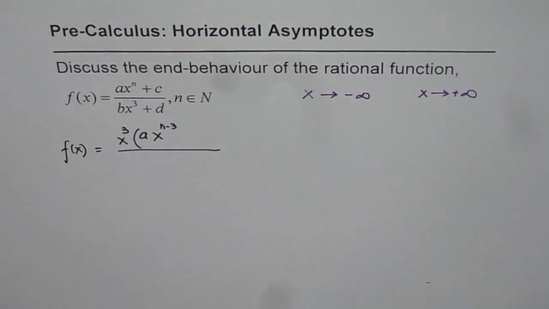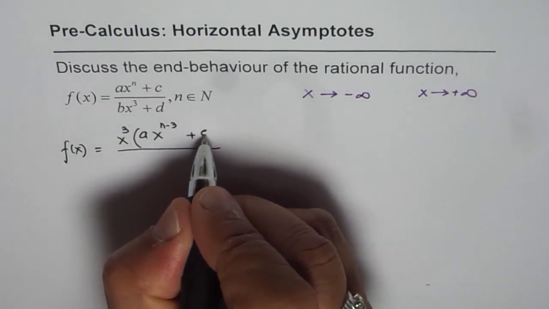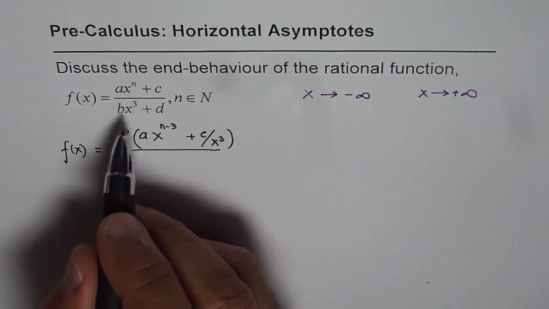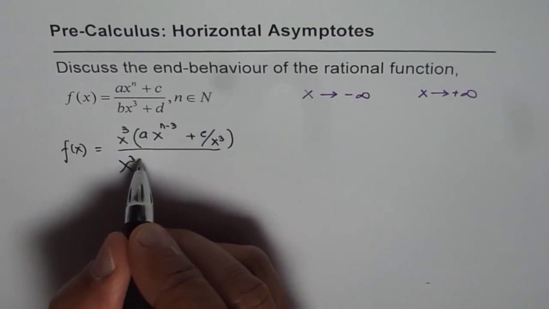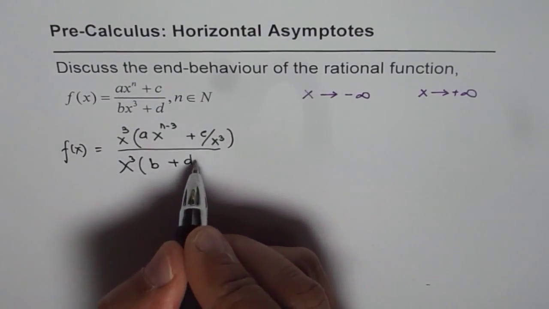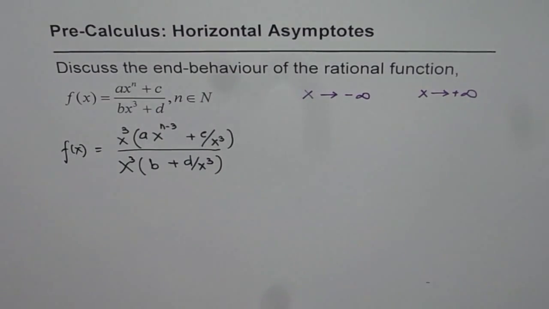So x cubed I factored, and this is plus c over x cubed. And in the denominator, since I factored x cubed, I'm left with b plus d over x cubed. So this is what is going to happen if I factor x cubed out.